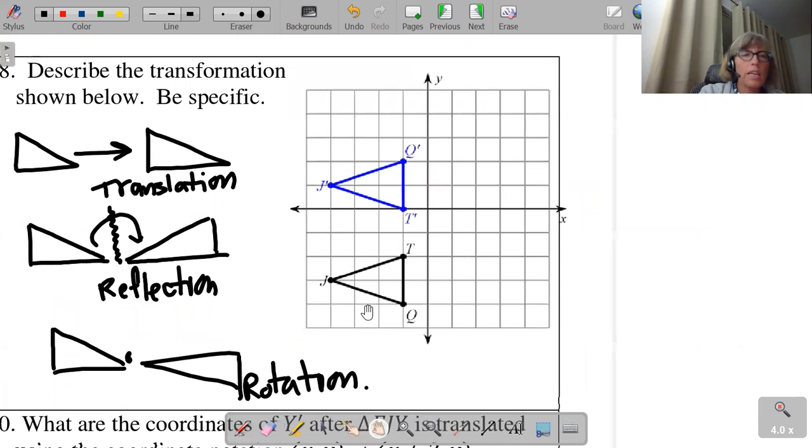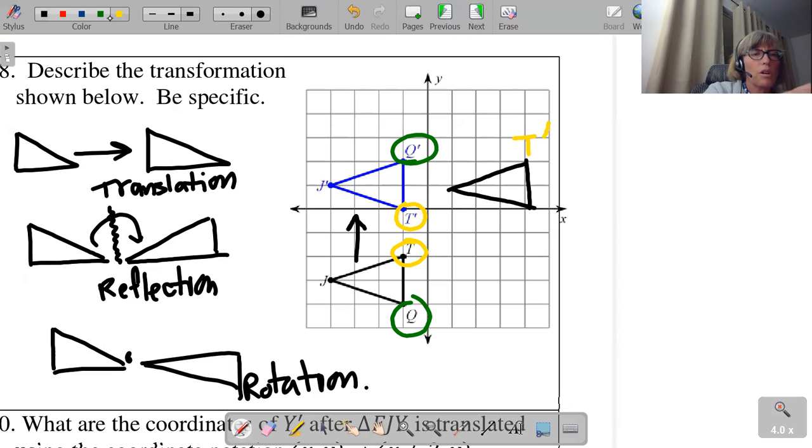So what we get here, we start at T, and we end up at what's called T prime. And take a look at Q and Q prime. Originally, this looks like it's a translation, like it's a slide. But this is kind of where the tricky part is. If that was a slide, your T prime would be here and your Q prime would be down there.